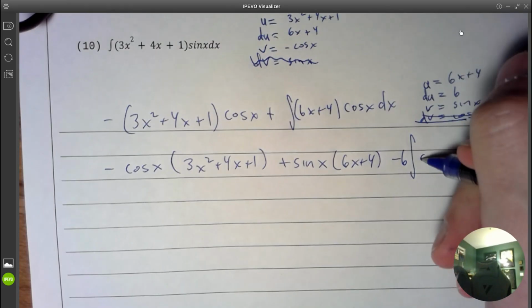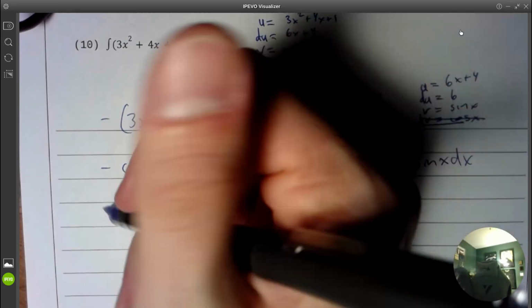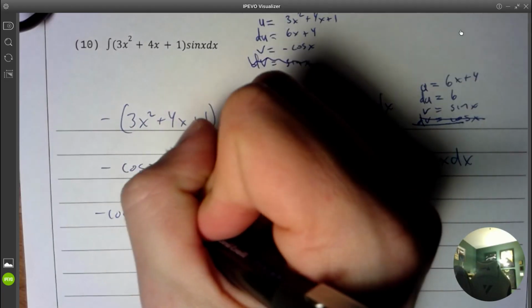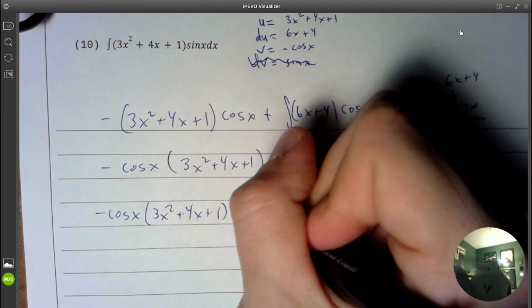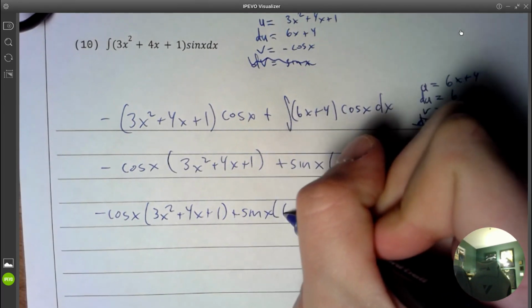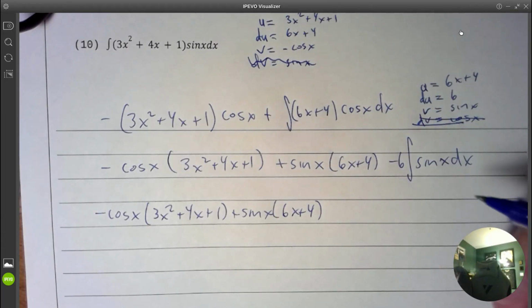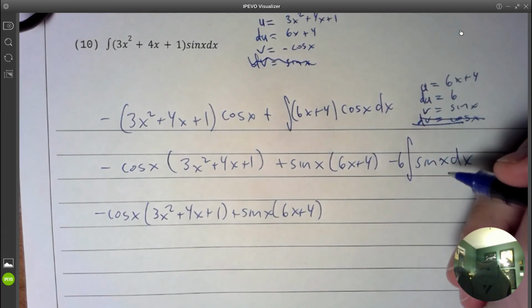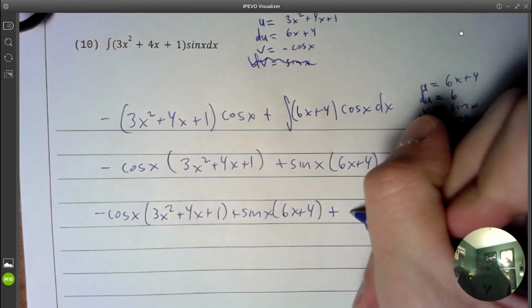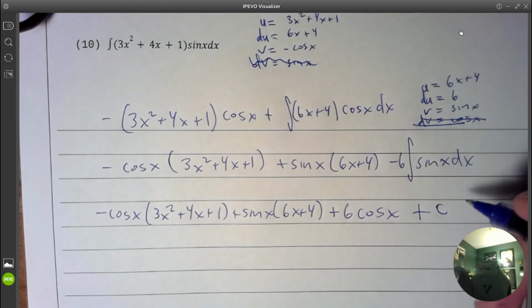I'll put the 6 out front. Sine x dx. And I have to do the integral of the sine. Negative cosine x times 3x squared plus 4x plus 1 plus sine x times 6x plus 4. The integral of sine x is, we did it up here, negative cosine, which is going to turn that negative into a positive. Positive 6 cosine x plus c.